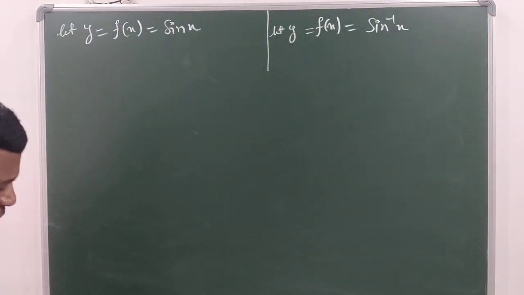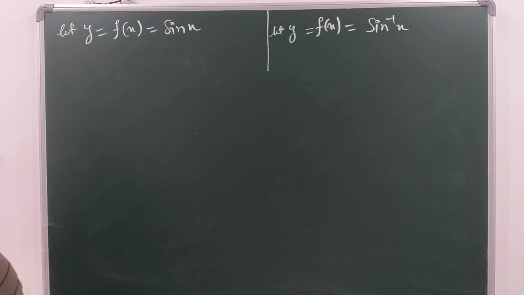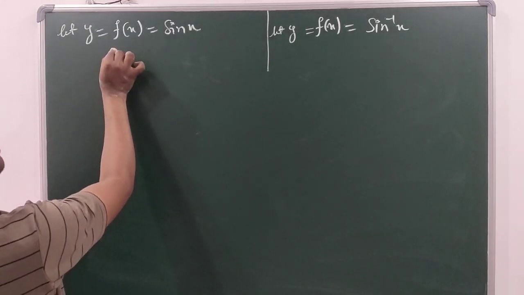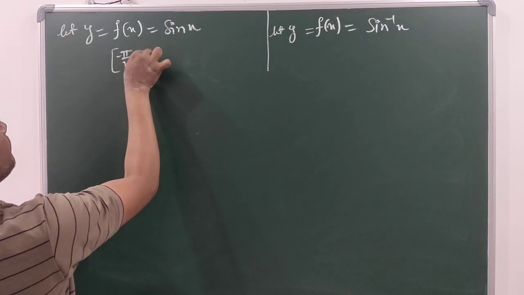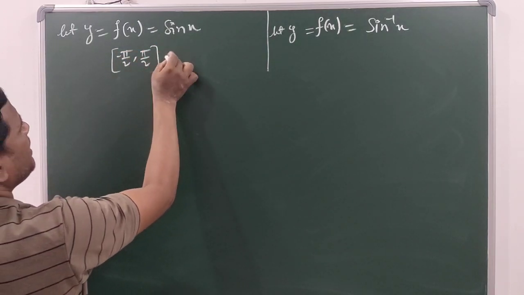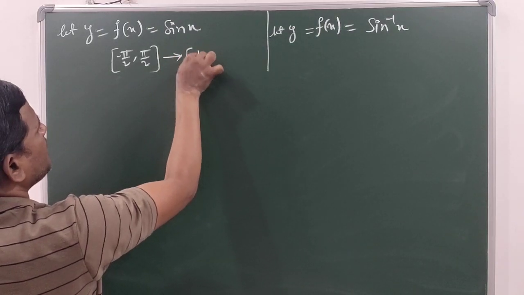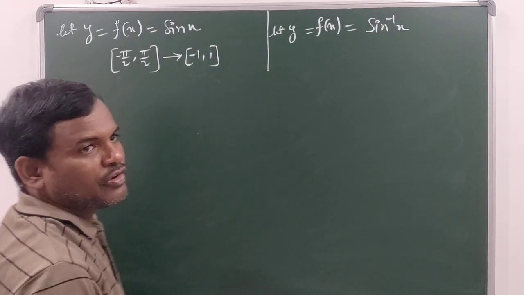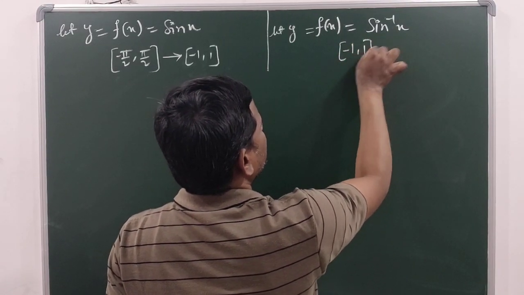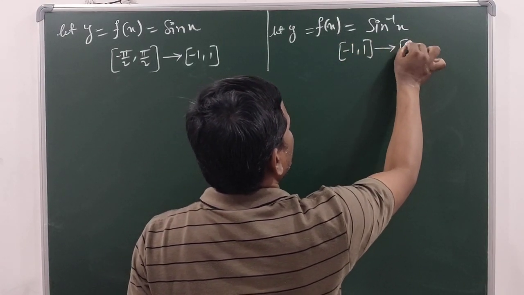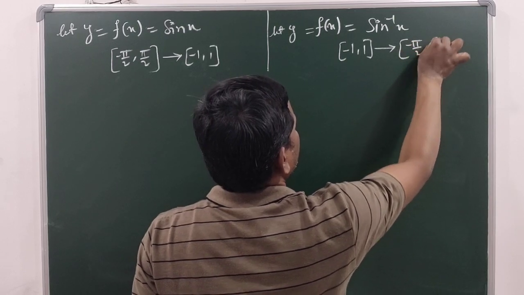Okay, students, you know, right? See, what is the principal domain of sine? Minus 90 to 90, and whereas range is minus 1 to 1. When you go to its inverse function, minus 1 to 1 is the principal domain, and the range will be minus 90 to 90.